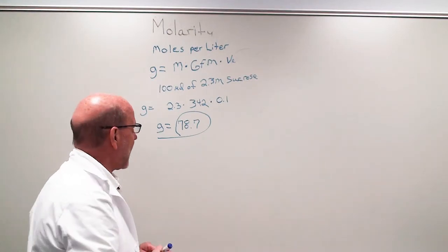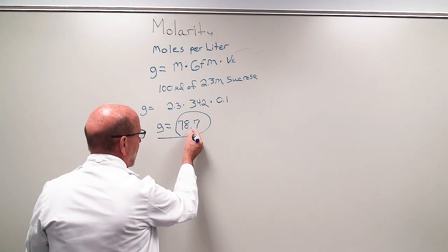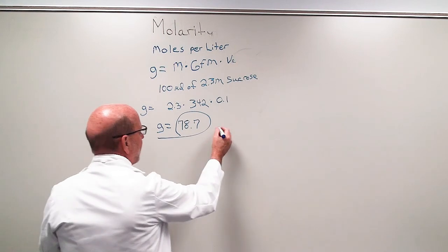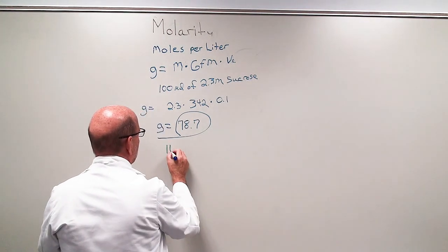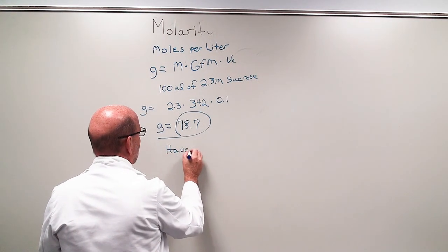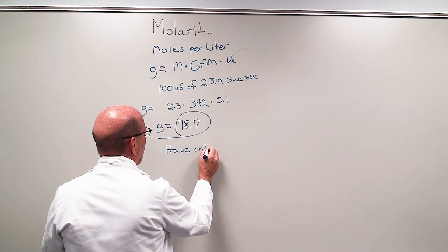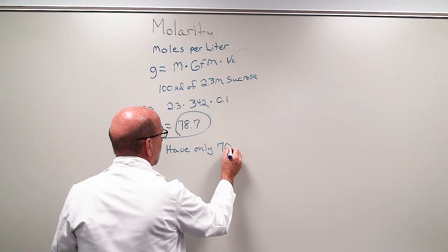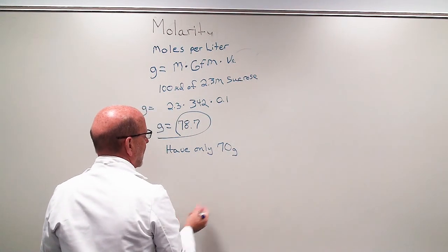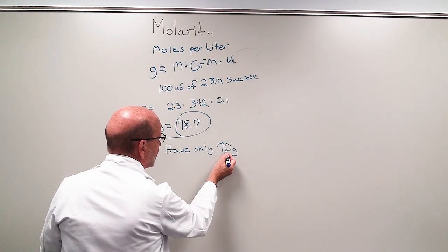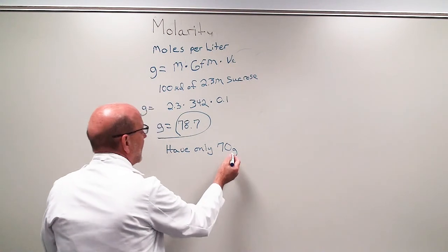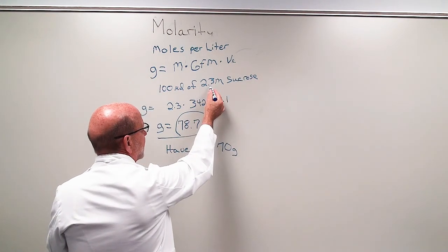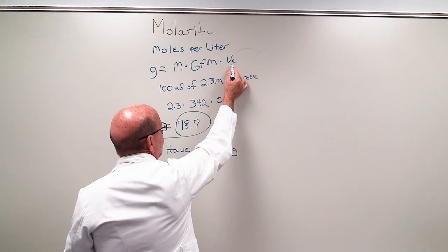Of course, now sometimes when you work in a lab, somebody forgot to order something, and so you don't always have enough. And so we would like 78.7 grams for our 100 mLs of 2.3 molar, but I only have 70 grams. But yet I have to maintain the 2.3 molar concentration because that's the functional aspect of it. I'm just not going to have as much as I wanted.